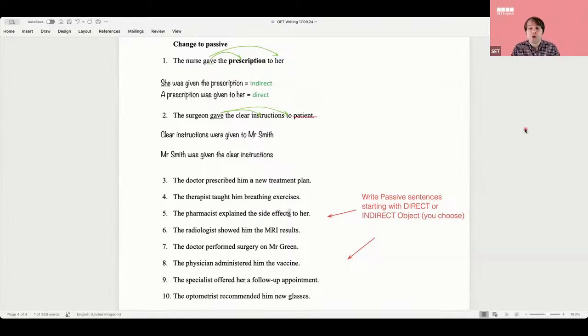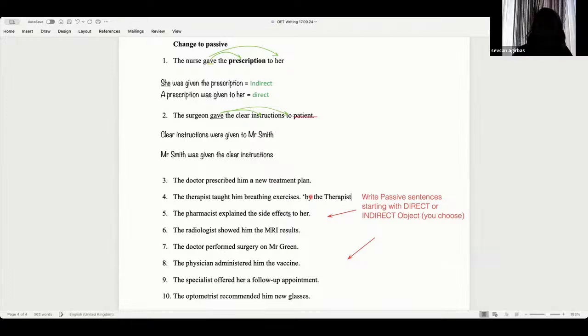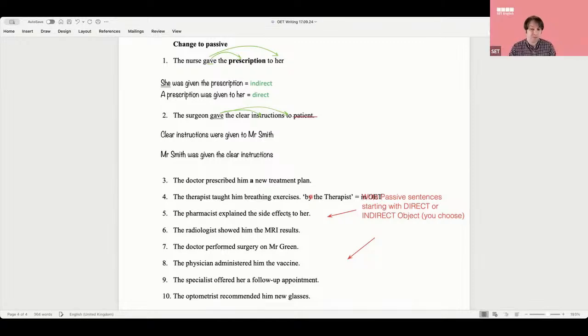You can say to him by the therapist. Okay. Now, another thing, Sevkan, you don't need to say by the therapist in OET. So in OET, you don't need that, just because. In OET, not needed. Subject, just delete subject in OET. Okay, so keep going. That was good.